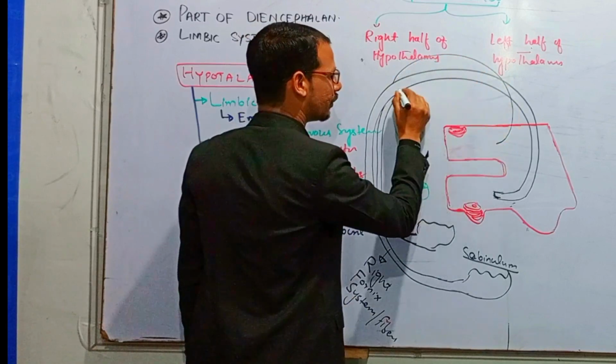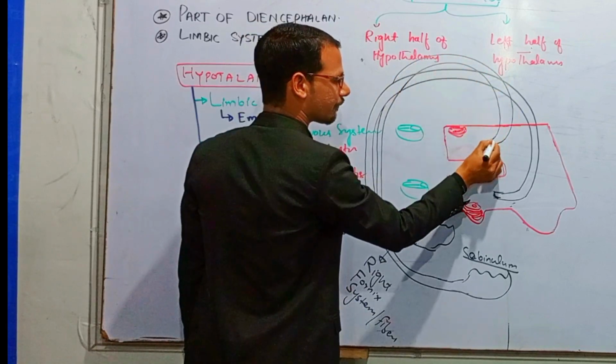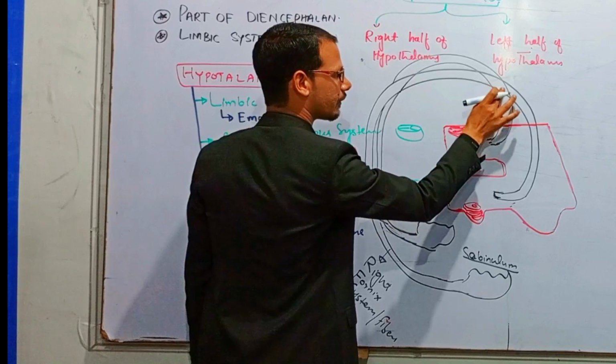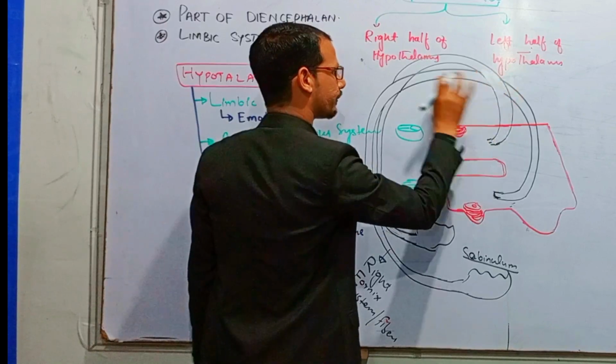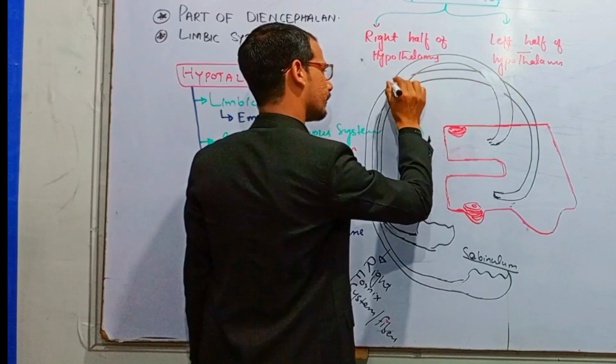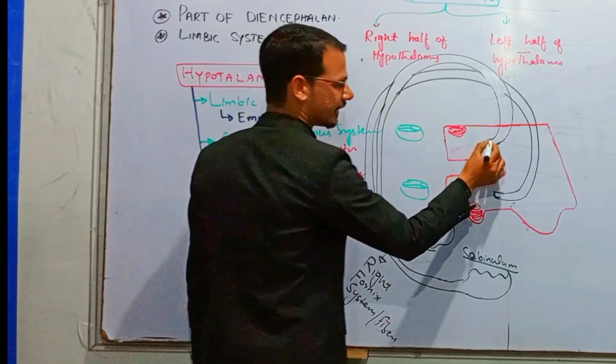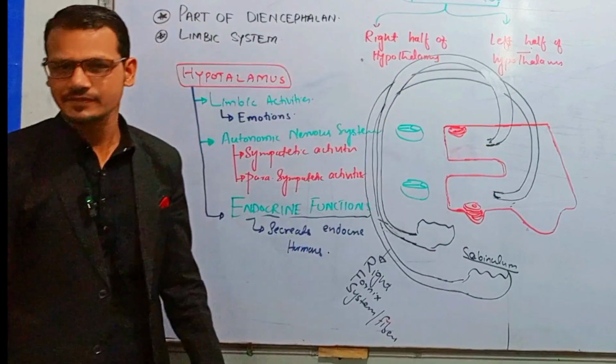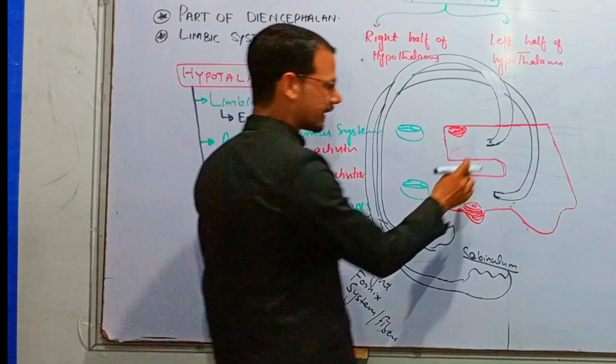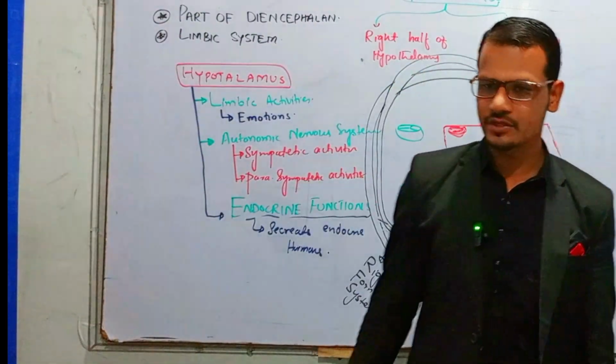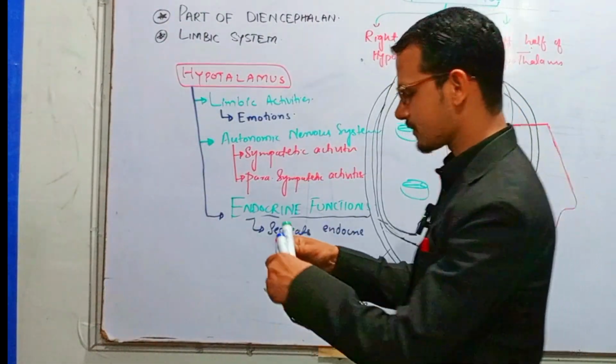And it is entering into the left side of the hypothalamus, right? Here, entering into the substance of the thalamus is a tract.